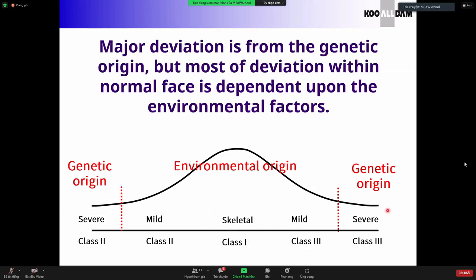This is a severe class 3 or class 2 malocclusion. The major deviation is from the genetic origin, but most of the deviation within normal phase is dependent upon the environmental factors.